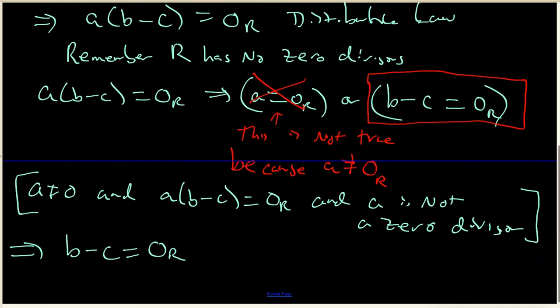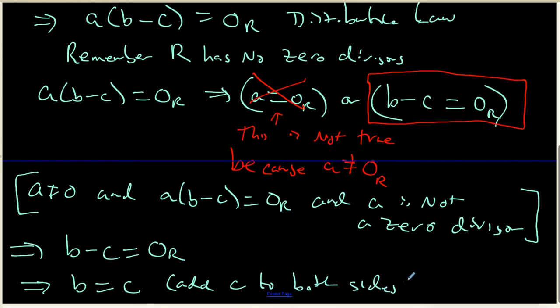But gee, that says B and C are the same thing. To do that, all we have to do is add C to both sides. Now let's actually think about what we've done.